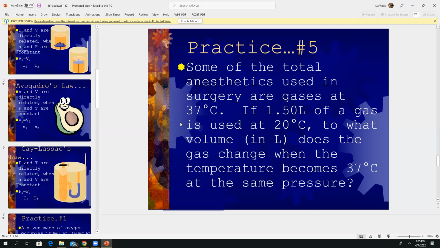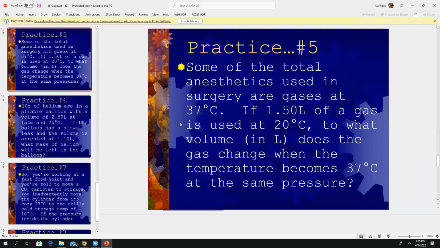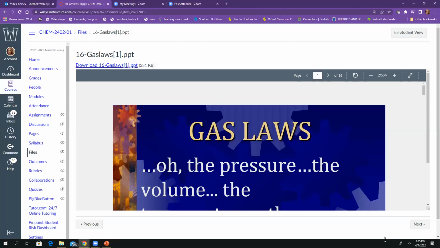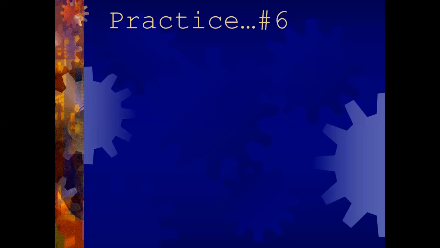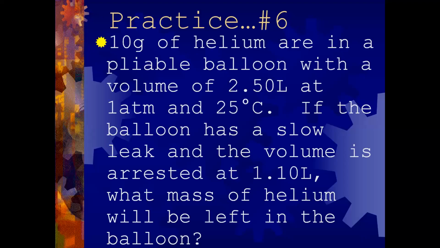Now, like I told you, I like to do these in a linear form. What I mean by that is I like to rearrange them, so start by having V1 times N2 equal to V2 times N1.